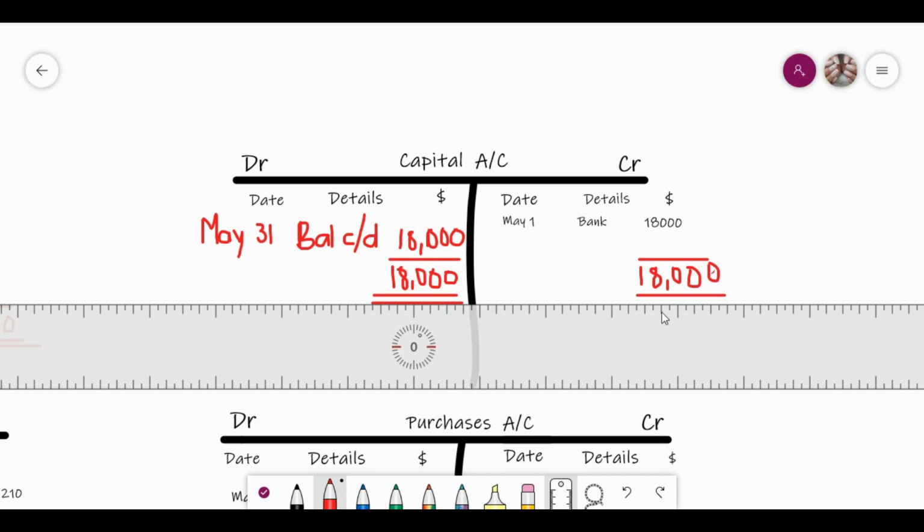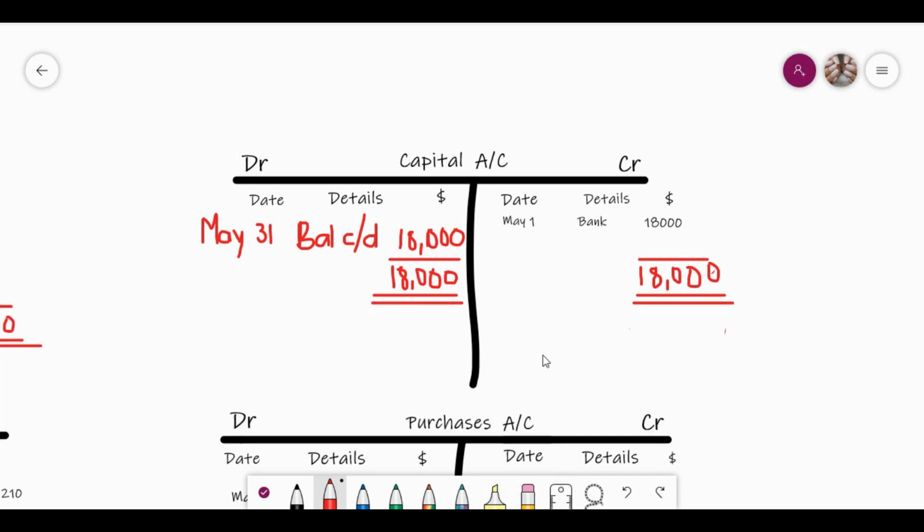Double lining it and then writing the balance brought down on the opposite side. It is the same amount as the CD figure, which is $18,000.